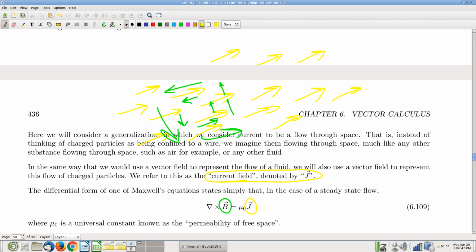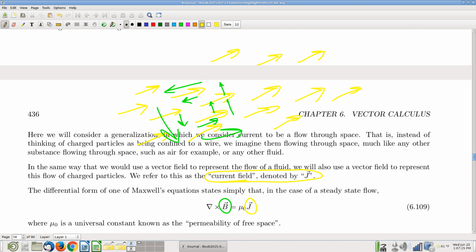There are certain factors that just show up sometimes. This is called the permeability of free space. It's just a number. Don't worry about it. So, other than that constant, the curl of the magnetic field is the current field. You can say this differently as a current field creates a magnetic field whose curl is that same current field.